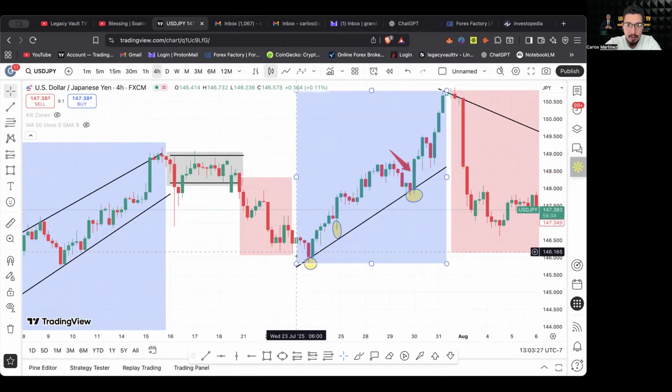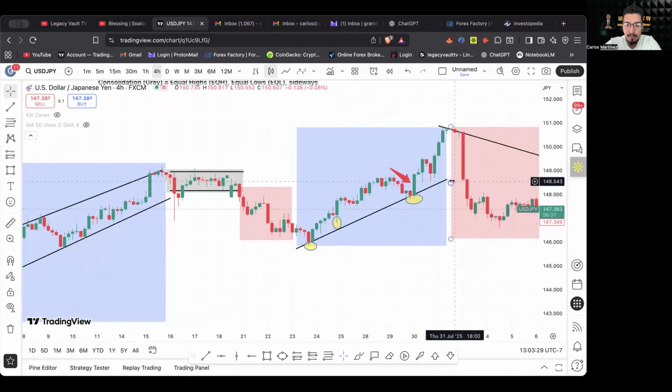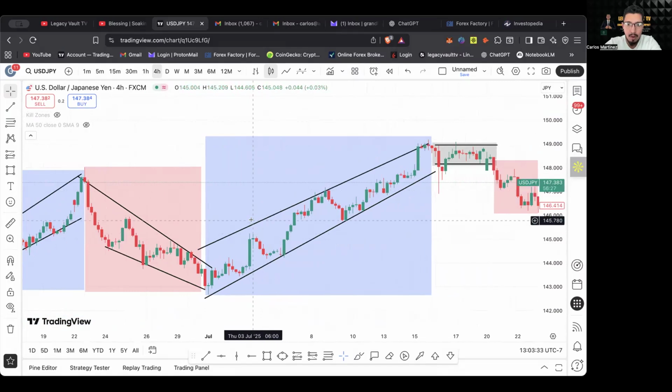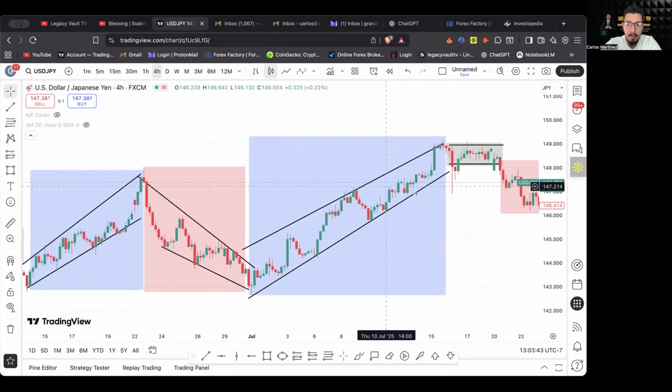It went from a downtrend to now an uptrend. You see here, we have an overall trend to the upside because we have higher highs, higher highs, higher highs, higher lows, higher lows. So this is an uptrend.